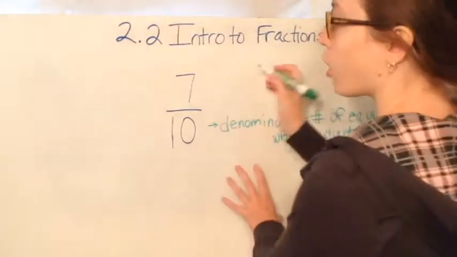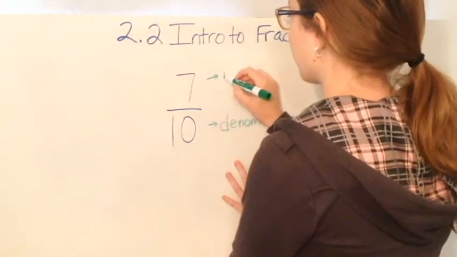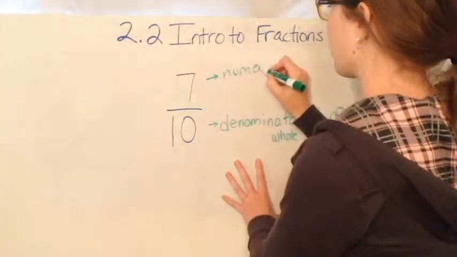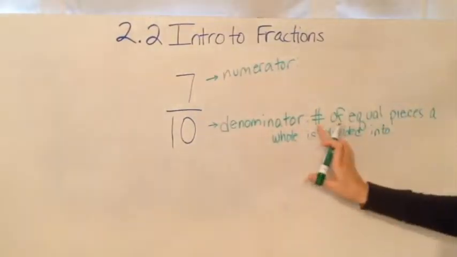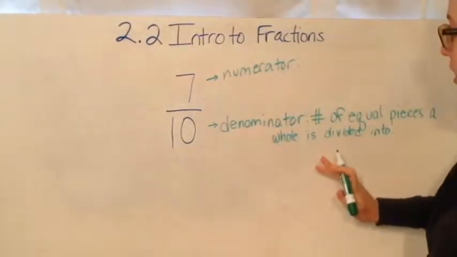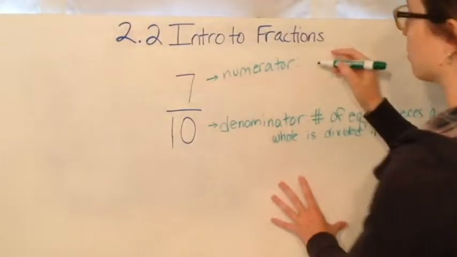The top part is called the numerator. And the numerator is the number of those parts that we take or use.